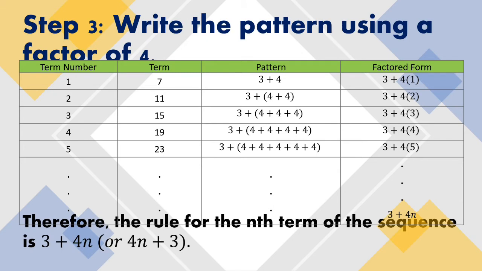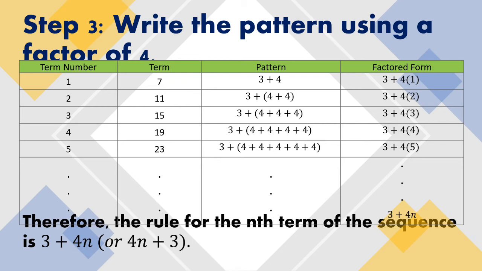Step number 3. Write the pattern using a factor of 4. As you can see on the table, the factored form for our first term is 3 plus 4 multiplied by 1.